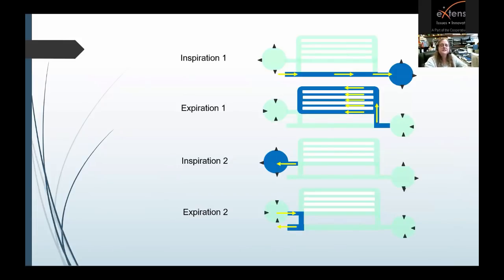In the first inspiration, the air goes into the posterior air sacs, and then when they expire out, that air sac pushes the air through the lungs, and then on the next inspiration, it goes into the anterior air sacs, and then the expiration, it's pushed out of the bird. So they don't expand and contract like we do.